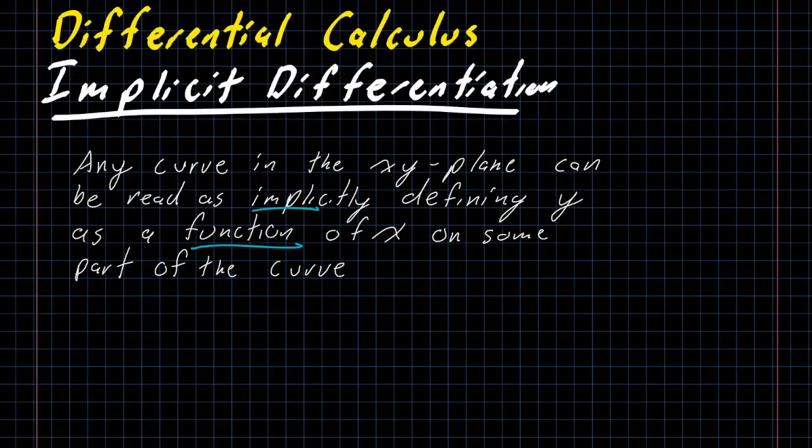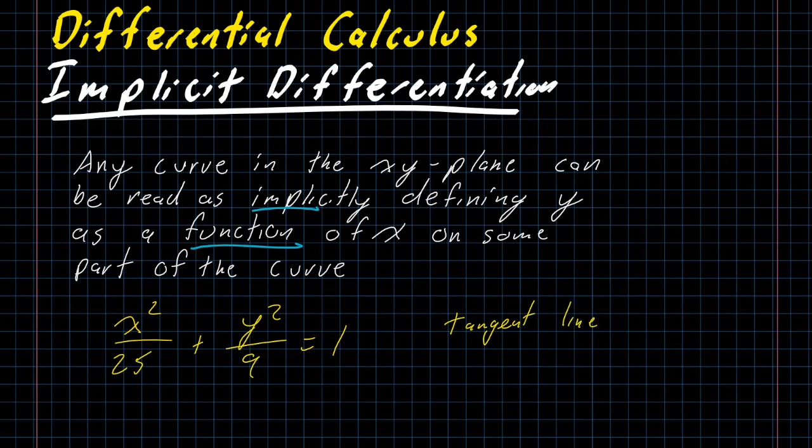Now that we have an implicit function, let's write that same formula, x squared over 25 plus y squared over 9 is equal to 1. And I'm going to leave it as an exercise to you if you're interested in doing so.